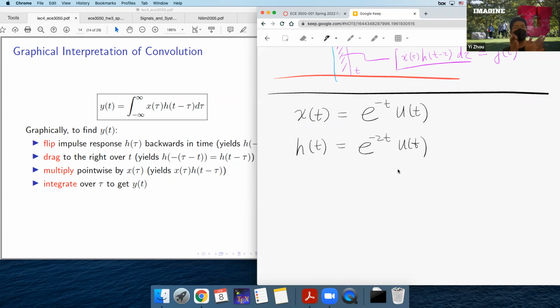Given this input signal and the impulse response of the LTI system, please spend 2 to 3 minutes to work out the resulting output signal y(t). So y(t) would be the convolution between the two. Please follow the convolution formula, do the integration, and see what you get.